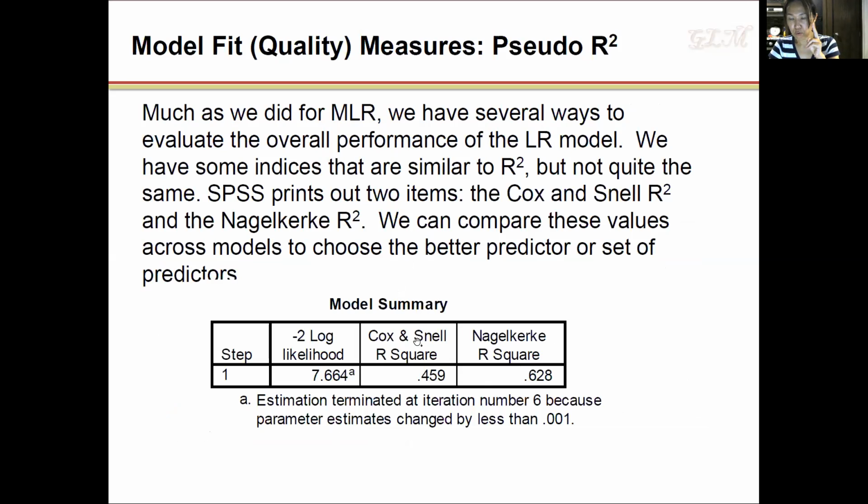Two kinds of pseudo R-square are reported in SPSS: Cox and Snell R-square and Nagelkerke R-square. You can use the same rules of thumb, Cohen's rules of thumb. Remember that?